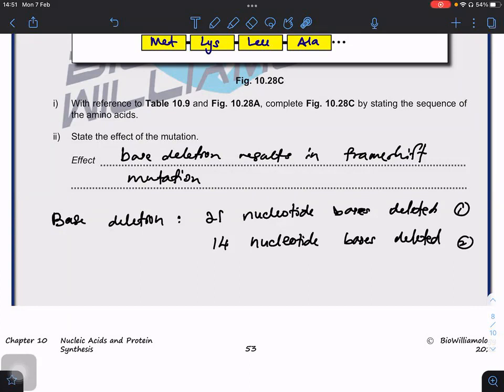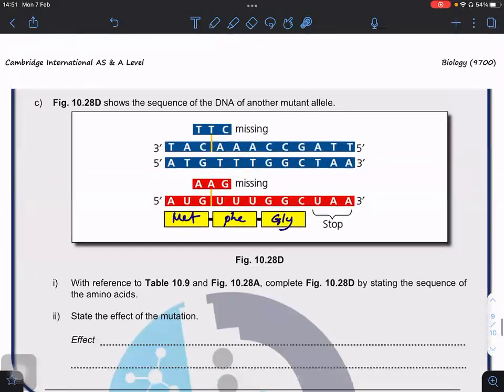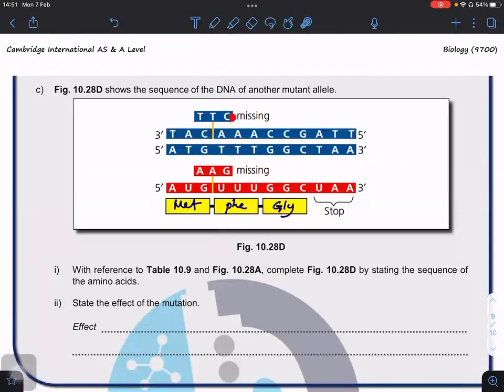Are you clear? So if we go to this, you can see that this we call the trinucleotide deletion, guys. Trinucleotide deletion. And you can see that you miss 1 amino acid, but the rest still remain the same. Phenylalanine and glycine, so missing the lysine here. Correct?